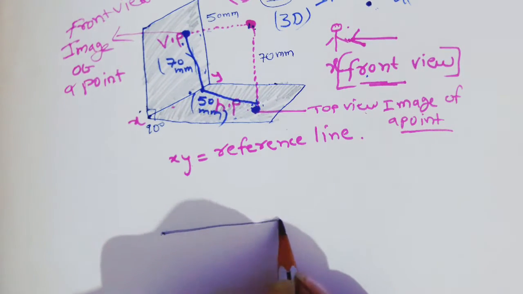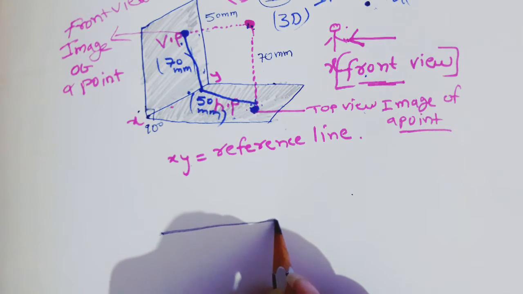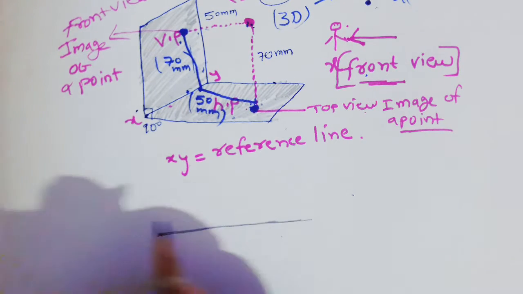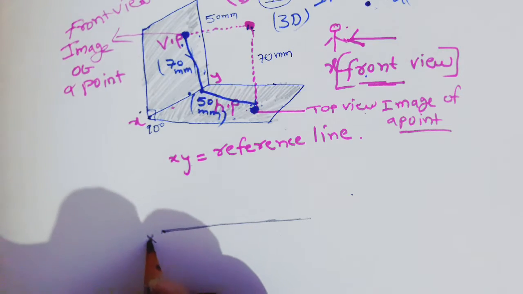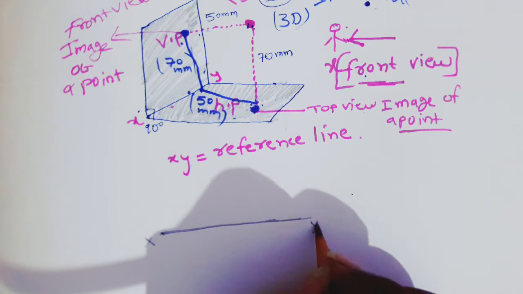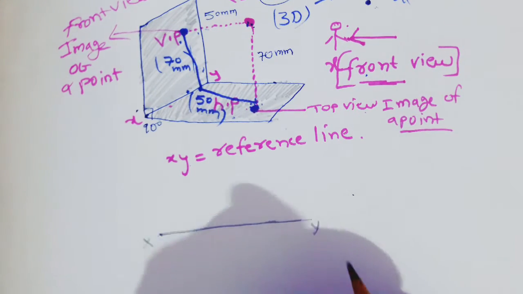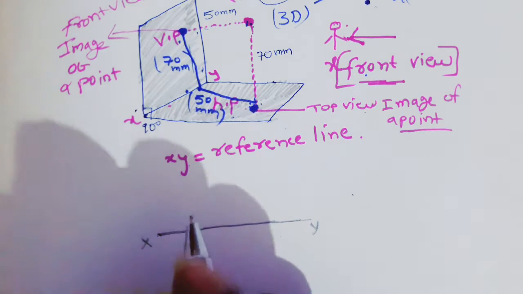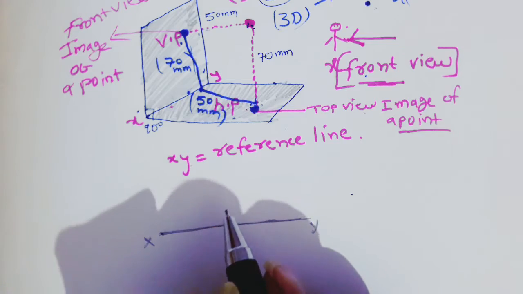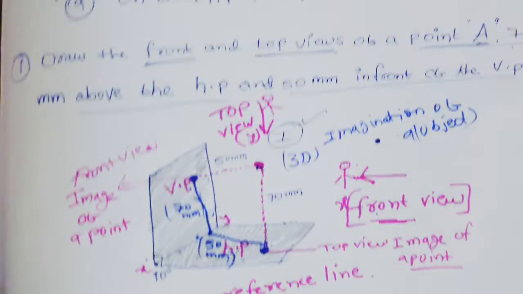Mark it as X and Y. We already know what X and Y is: it is called the reference line. Next, see how much distance is given.